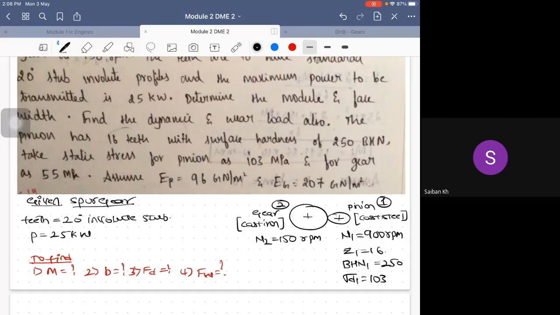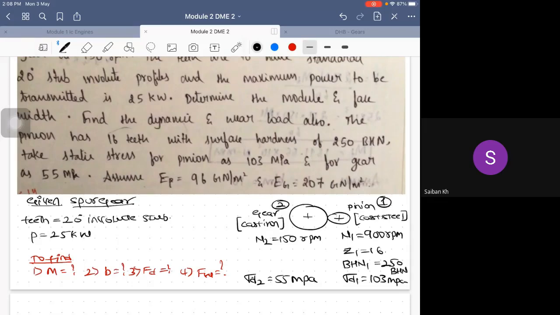Just write the units if possible: it is 250 BHN and the static stress is 103 megapascal. That's fine. And for the gear he has given sigma D2, the value is 55 megapascals.